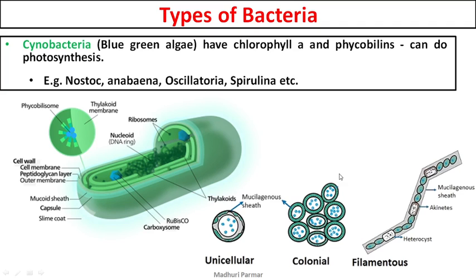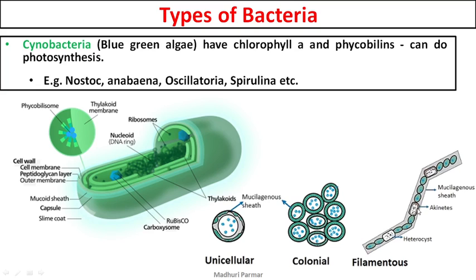Clear? Now cyanobacteria can either be unicellular, so they are single-celled, or they can be colonial, a group of cells, or they can be filamentous. They form a long string-like structure. In filamentous cyanobacteria, there are heterocysts present.